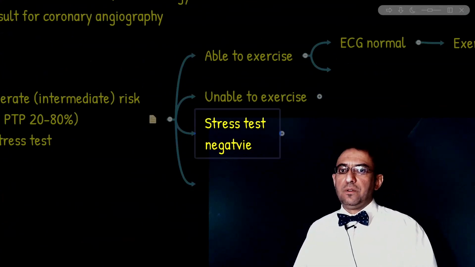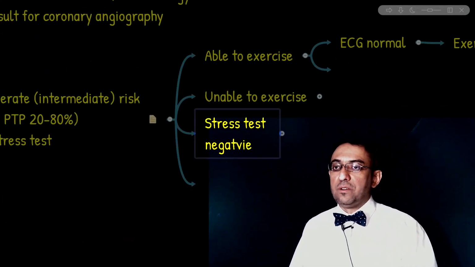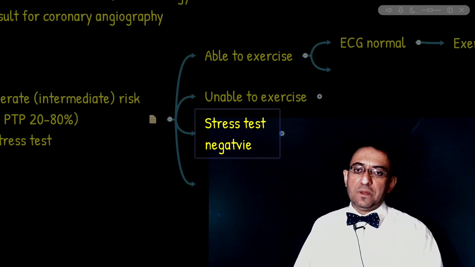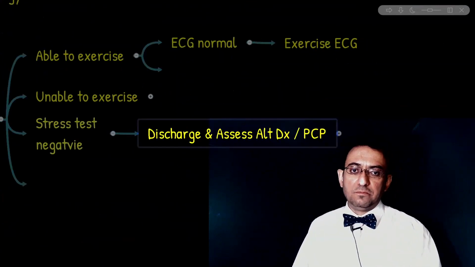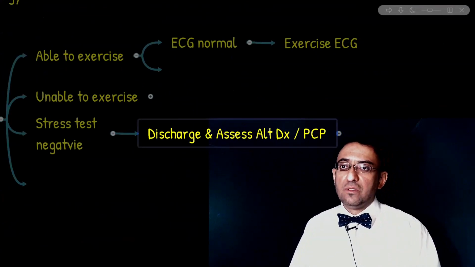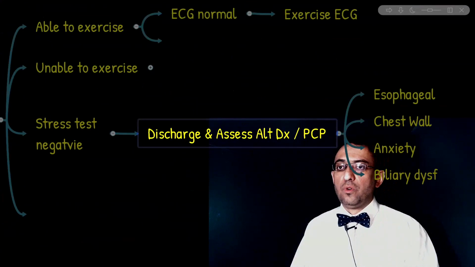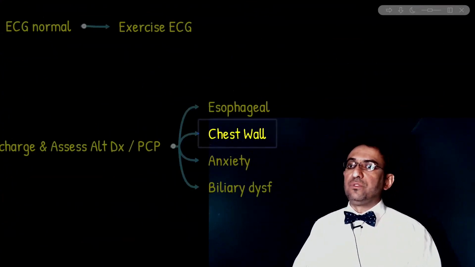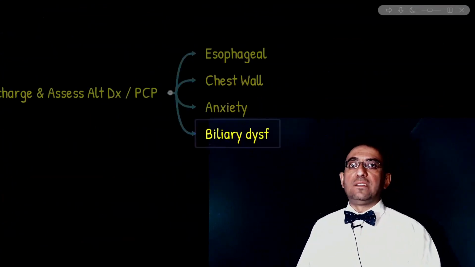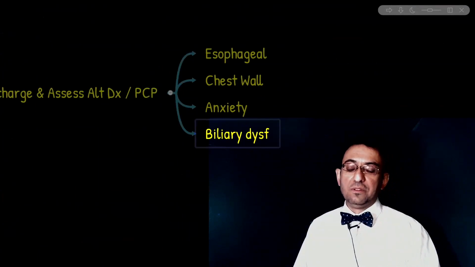The first scenario is when the stress test results are reported as negative. What's the next step? The next step is simply follow up and discharge the patient, considering other alternative diagnoses for the chest pain, such as esophageal, chest wall, anxiety-induced, or even biliary dysfunction.